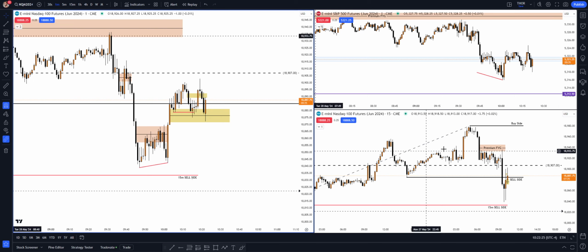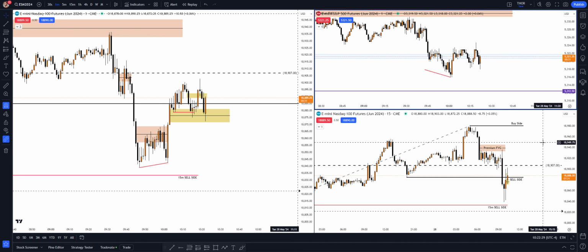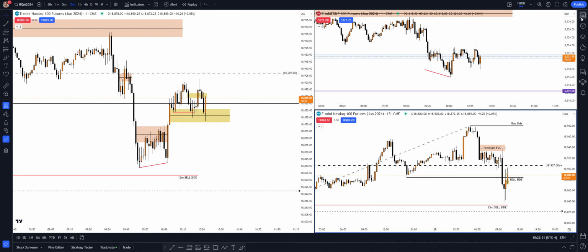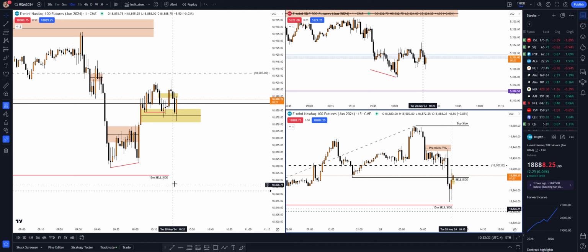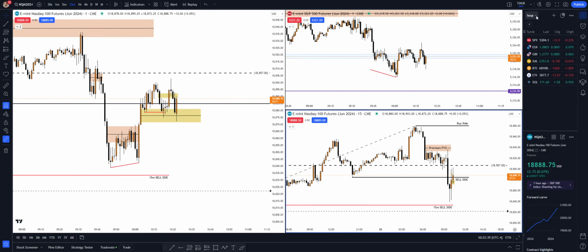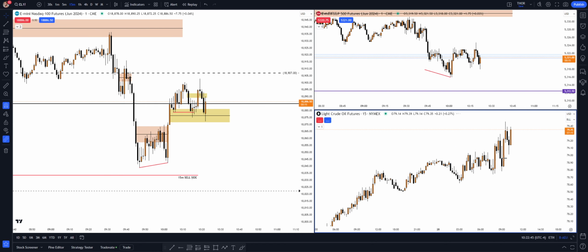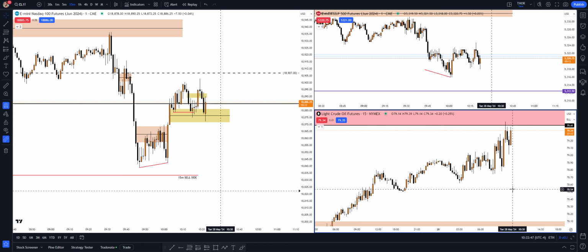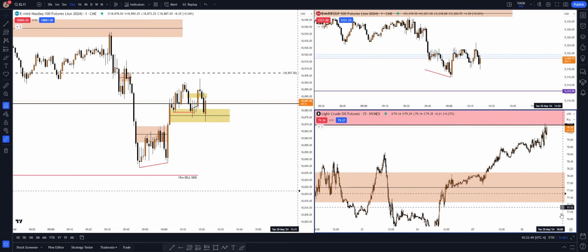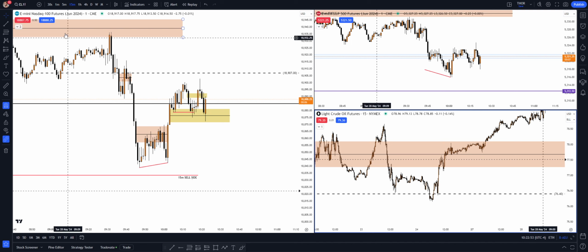Oil is still pumping. Dude, I checked oil a couple days ago, yesterday actually. I saw the 15 minutes. Do you remember the dealing range I mentioned on the 15 minute? I saw it pumped before that, and I'm like, oh my God, this is so bullish. I was like, this is gonna send it even higher. So here, I set an alert, as you remember, down here.